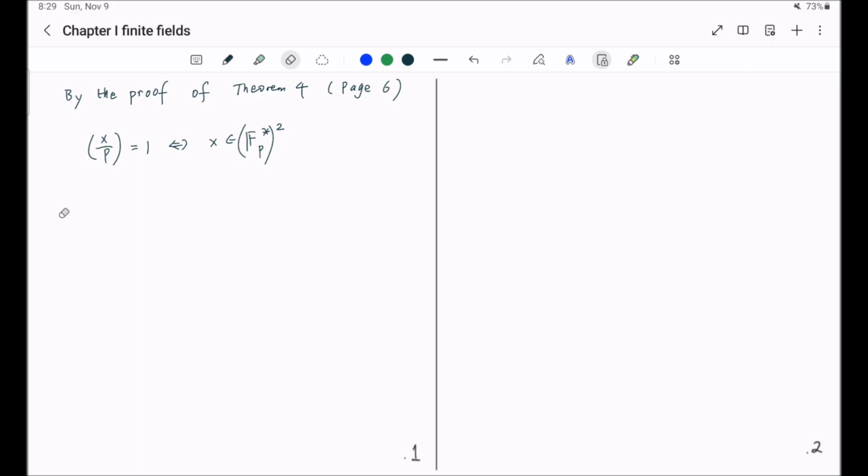And second, if x has y as a square root in an algebraic closure of Fp, then its Legendre symbol is precisely y to the power p minus 1.